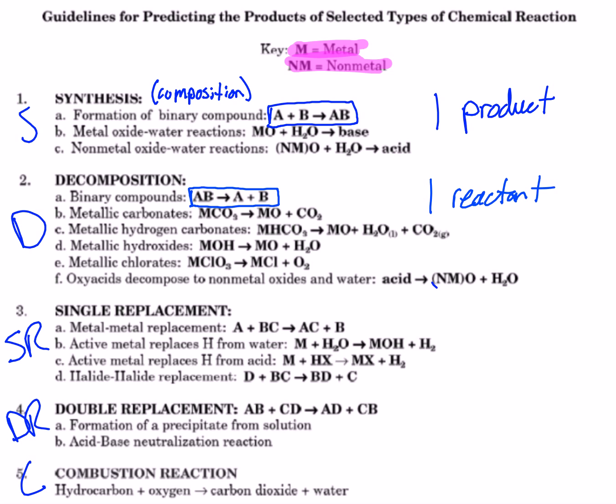Guys, all those other 5 listed there are just metallic compounds with different polyatomics. Don't stress over those types right now. All we're trying to do is identify whether it's synthesis, decomposition, single or double replacement, or combustion. That's all we're doing right now. We will talk about the specifics as the year progresses.